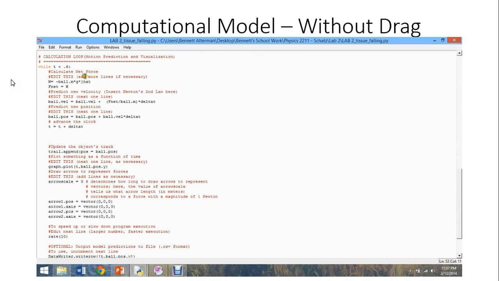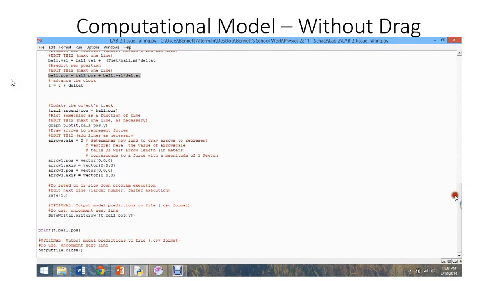Here we have a total time of 0.6 seconds, again obtained from tracker, as well as the equation for weight, which is the negative mass of the ball times gravity multiplied by j hat, which is our direction vector, in this case the negative y direction. Here you see again that the net force is equal to solely the weight. We've also updated both the ball's velocity and position by multiplying by delta t.